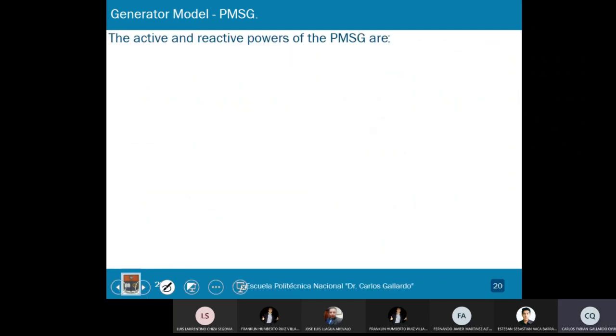In order to compute the active and reactive power of the permanent magnet synchronous generator, the stator active power by definition is equal to 3 over 2 times the stator voltage on the D axis times the stator current on the D axis, plus the stator voltage on the Q axis times the stator current on the Q axis. This is for the active power.